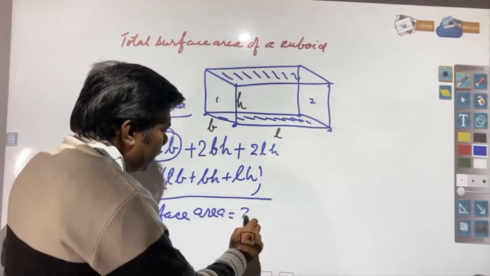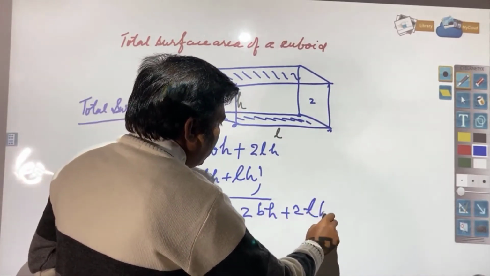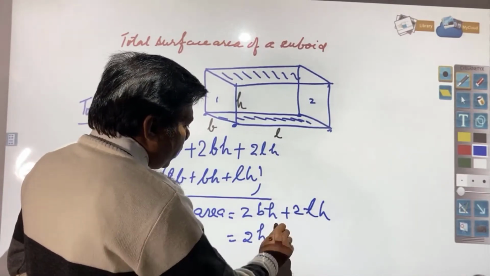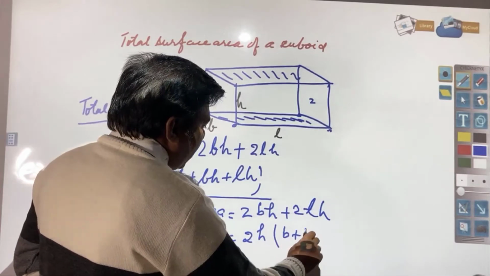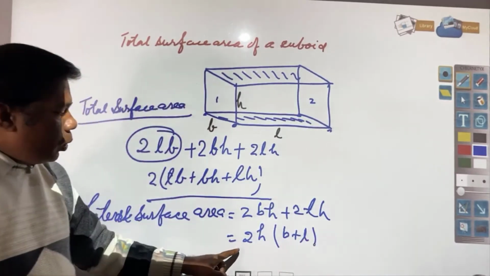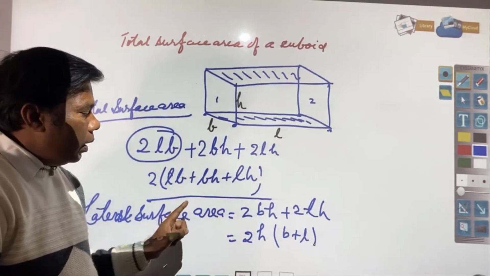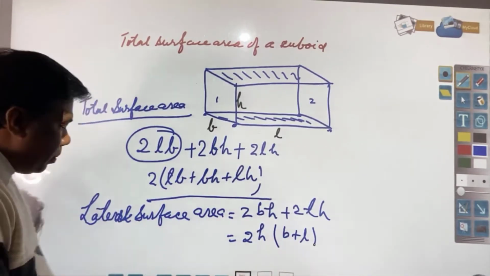Now 2H can be taken out common. So it will be left with L plus B. So 2H into L plus B will be the lateral surface area of a cuboid.